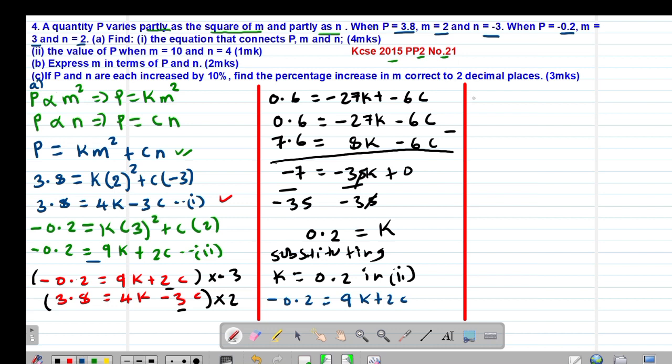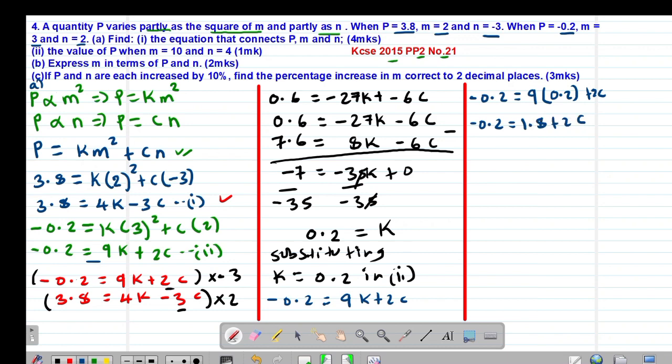So I'll have negative 0.2 being equal to 9K, then of course I already have the value of K, therefore I'll just substitute it. Where I have K, I'll substitute with 0.2, then plus 2C. So negative 0.2 is equal to 9 multiplied by 0.2, I'm going to get 1.8, then plus 2C.